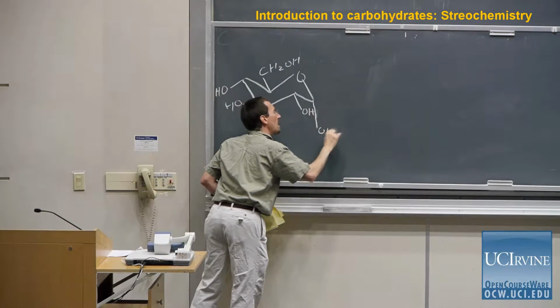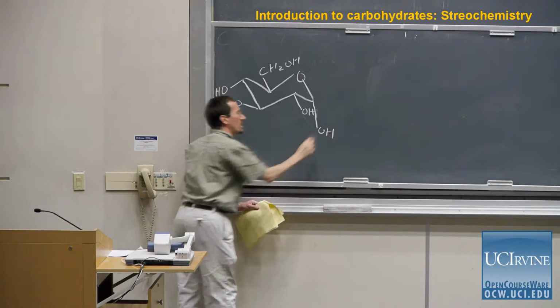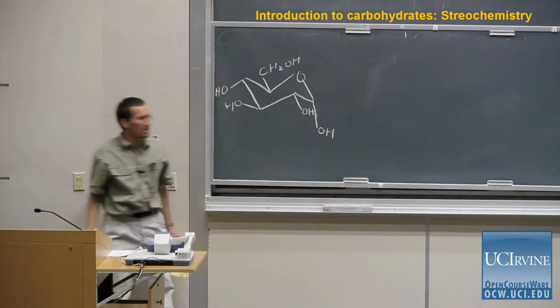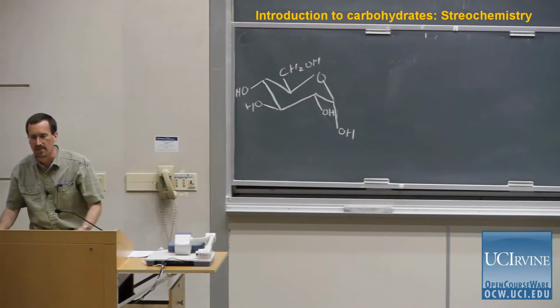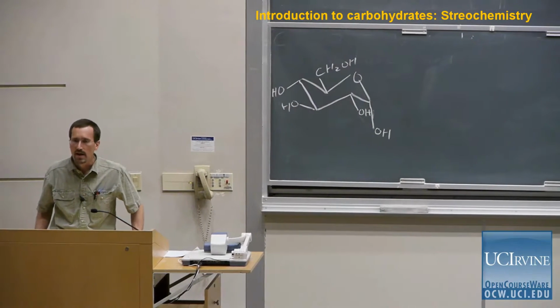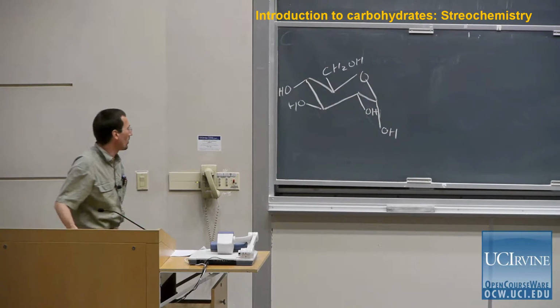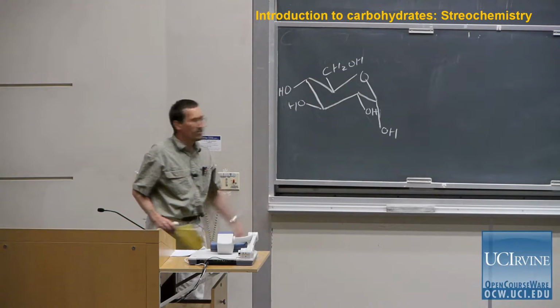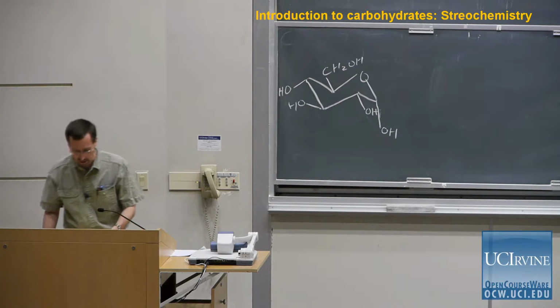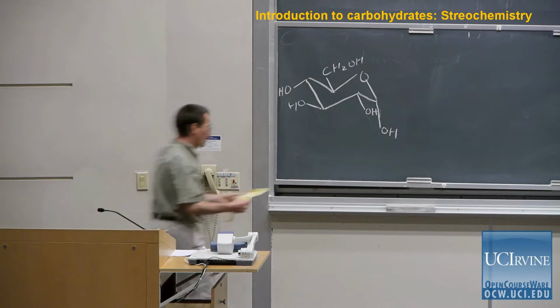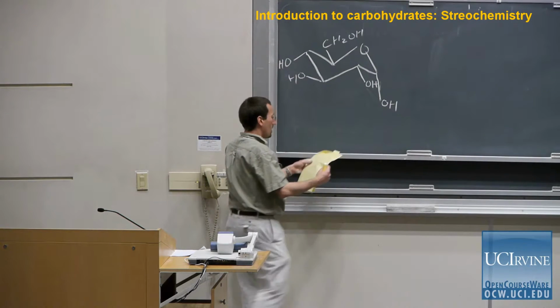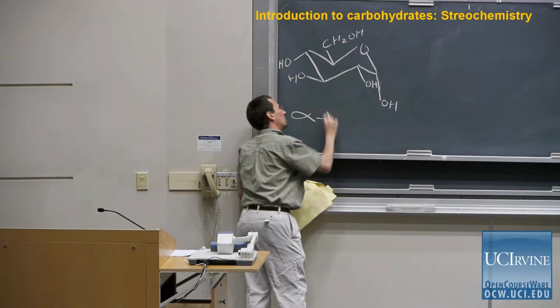I'm going to now, instead of having our hydroxy group at the 1 position be equatorial, have our hydroxy group at the 1 position be axial. Now this is alpha-D-glucose.